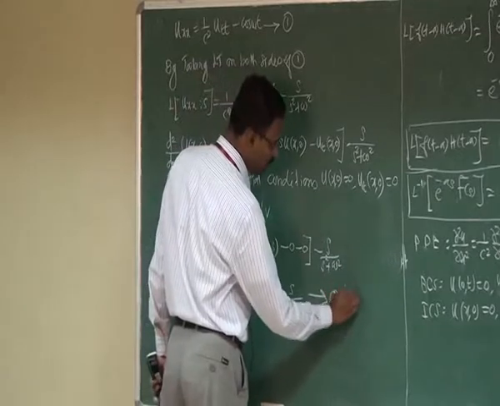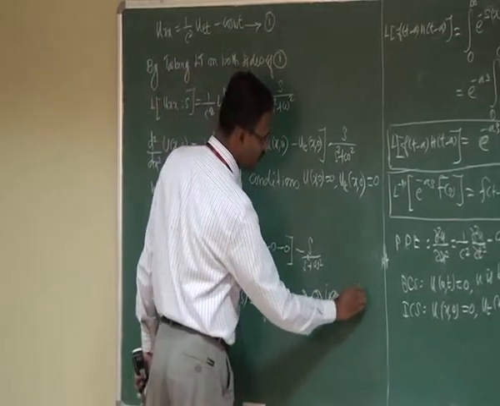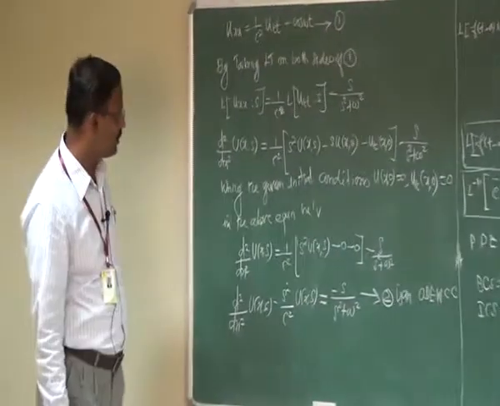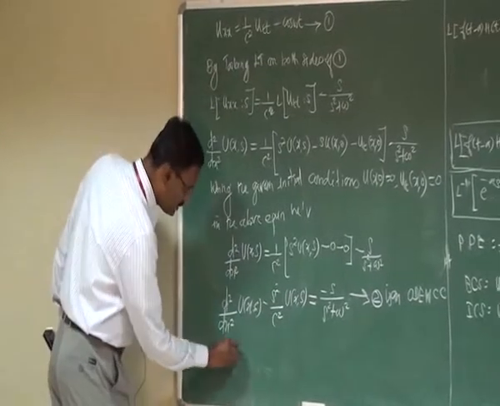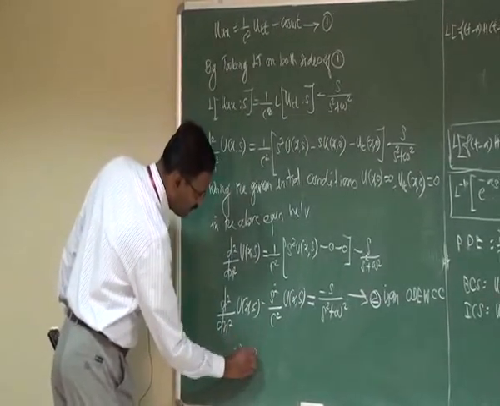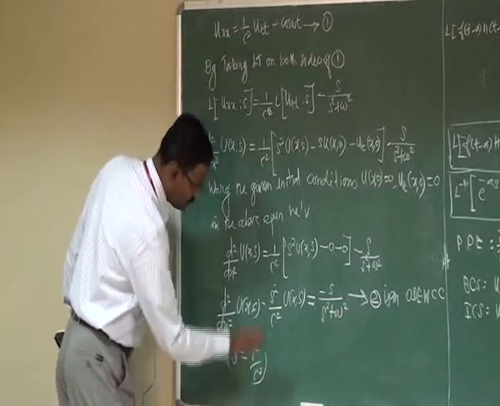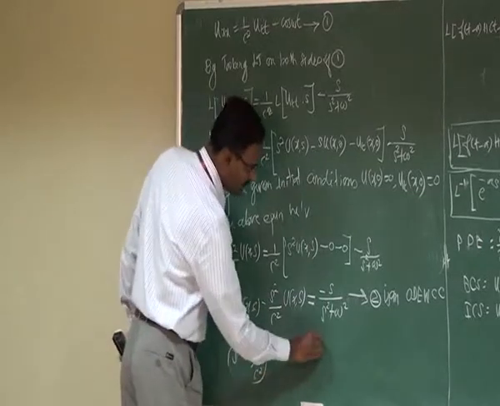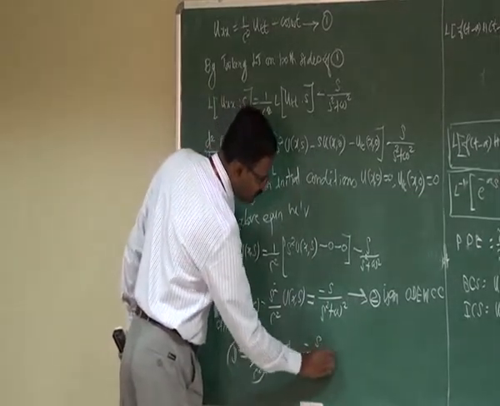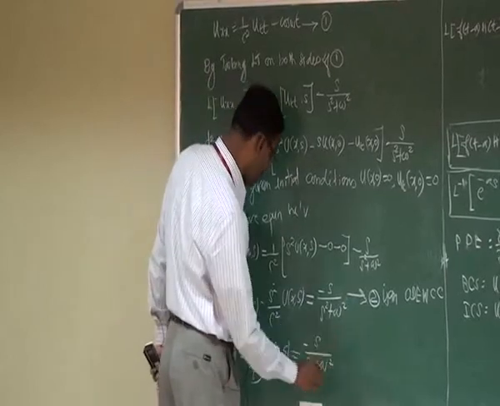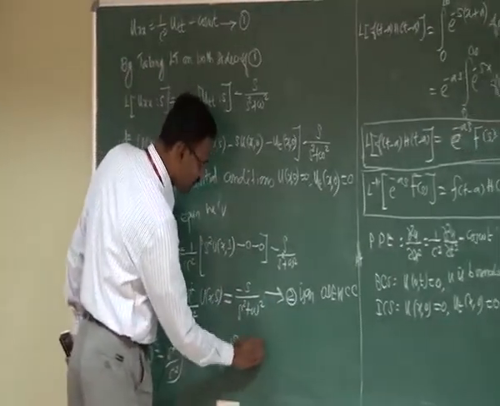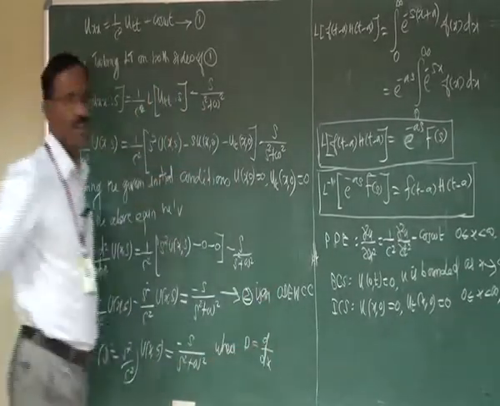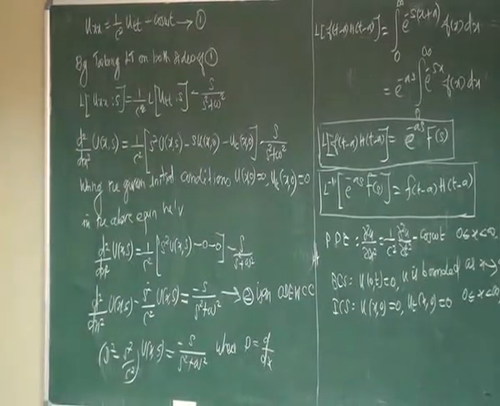This equation number 2 is an ordinary differential equation with constant coefficients. Further, this equation is simply written as D square minus s square by c square into u of s comma x is equal to minus s by s square plus omega square, where D is equal to d by dx.